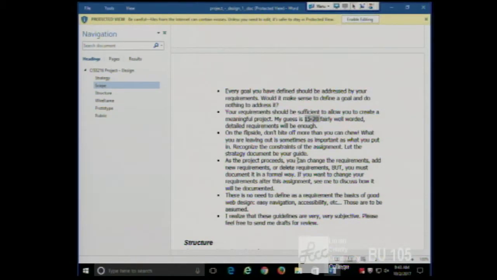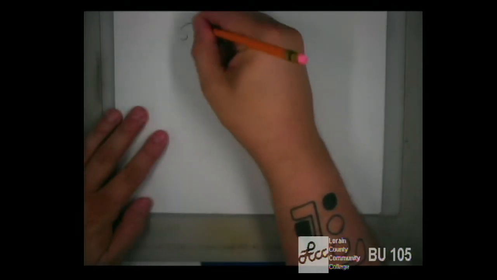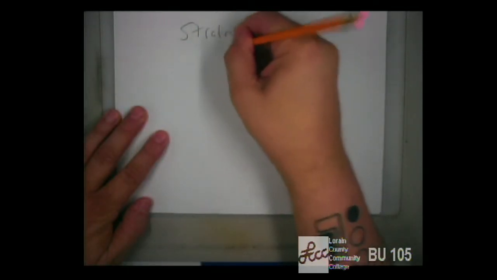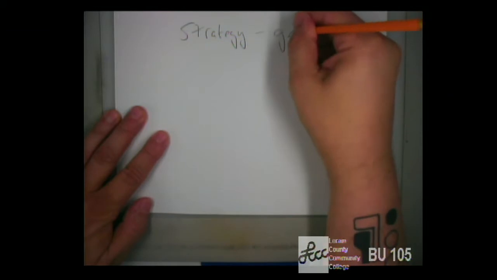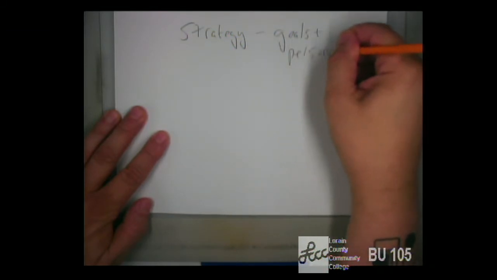Structure. That's the third part. So the 3 S's that we have so far. We have strategy, which are goals and personas. Scope, which are the requirements.